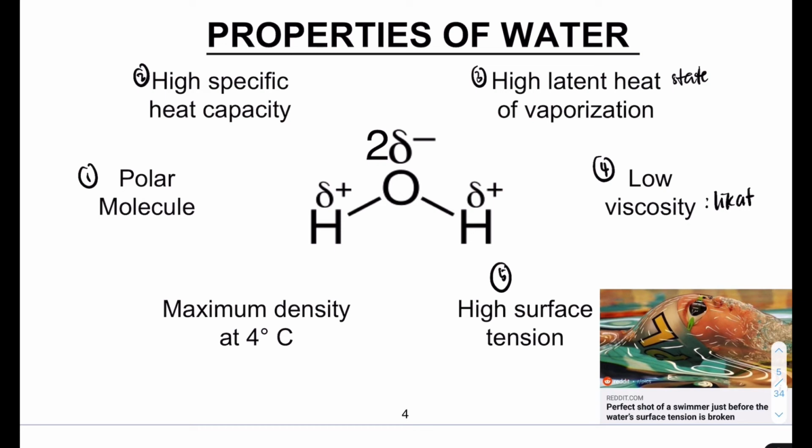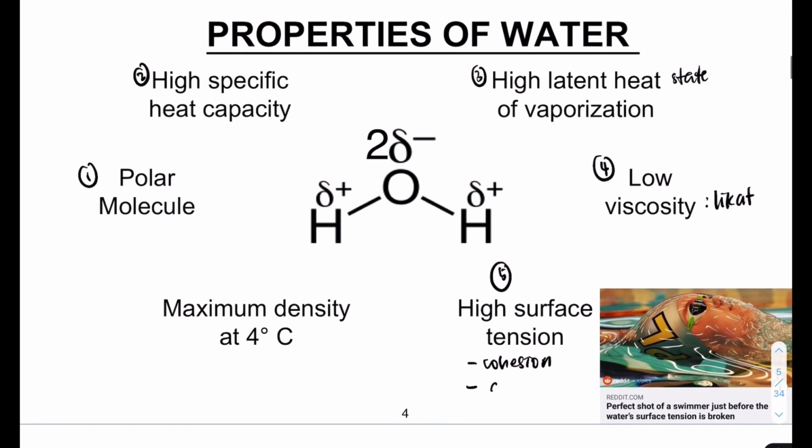Dan ini disebabkan oleh cohesion and adhesion. Okay, cohesion itu ialah tarikan di antara molekul air. Okay, attraction between water molecules. So this attraction akan membentuk lapisan yang tegang di permukaan air seperti yang ditunjukkan dalam gambar rajah inilah. So water has high surface tension.